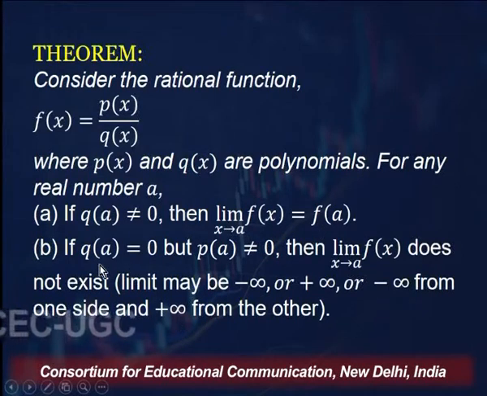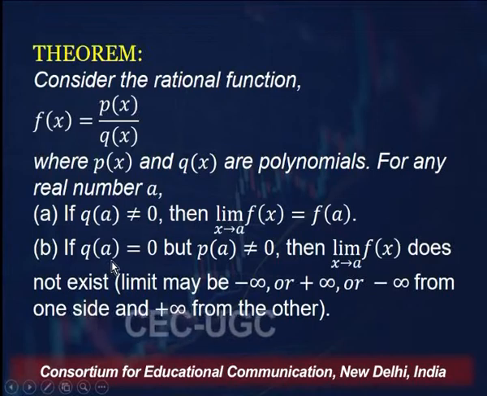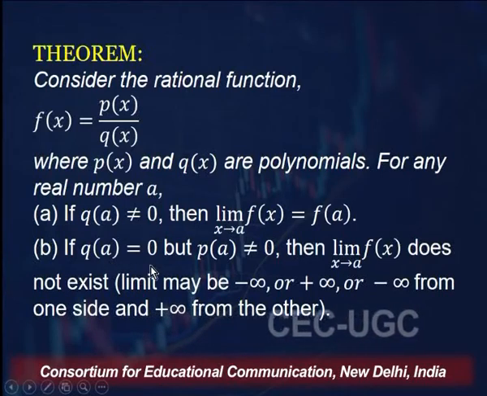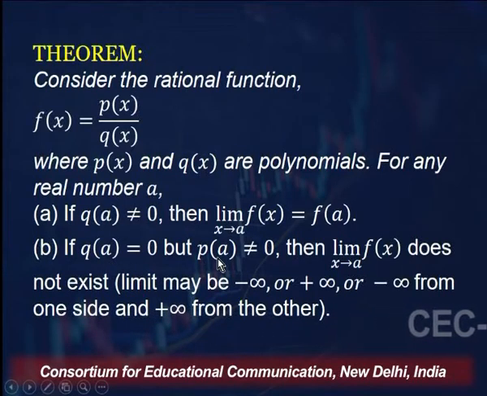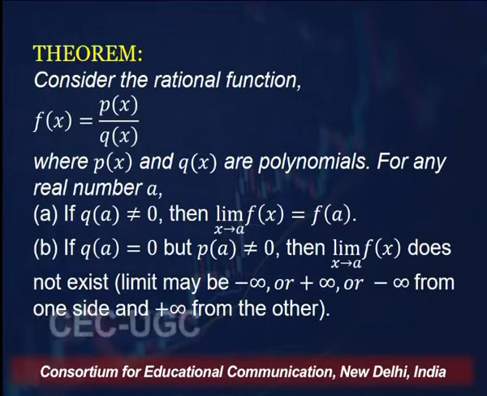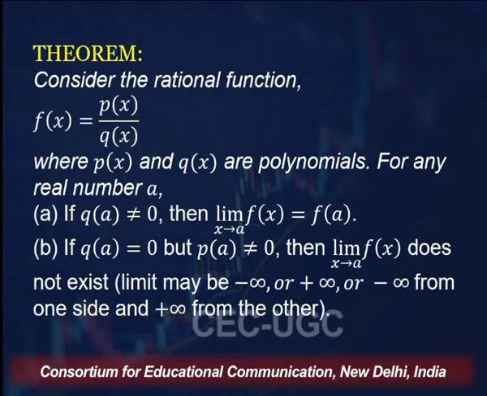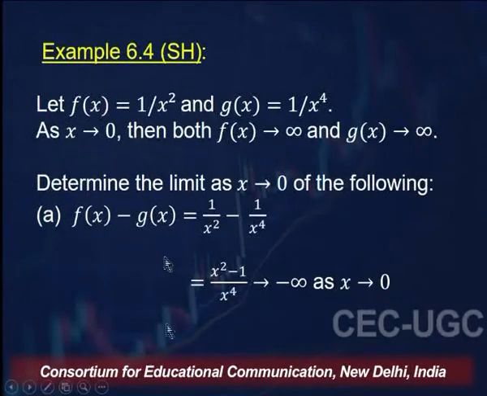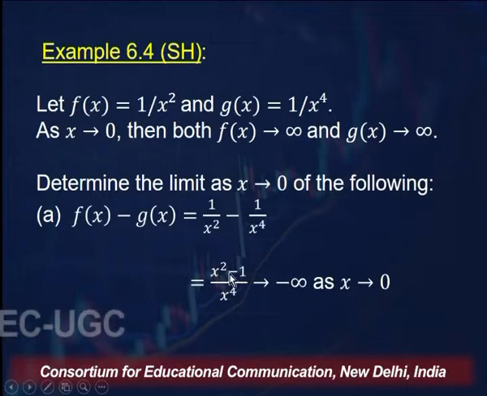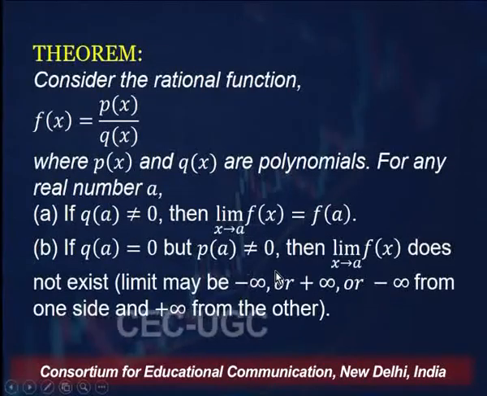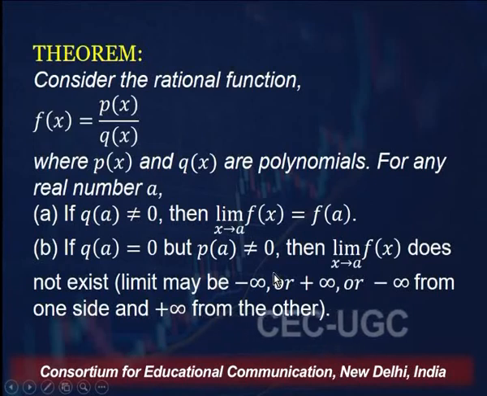But if the denominator at a is 0, but the numerator is not 0, which is the kind of situation we are facing here, because the denominator was x to the power 4, and the numerator here is x squared minus 1, so the numerator clearly is not 0 at x equal to 0, then the limit does not exist, right?